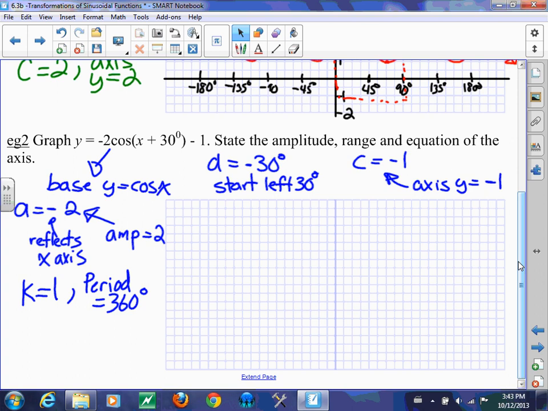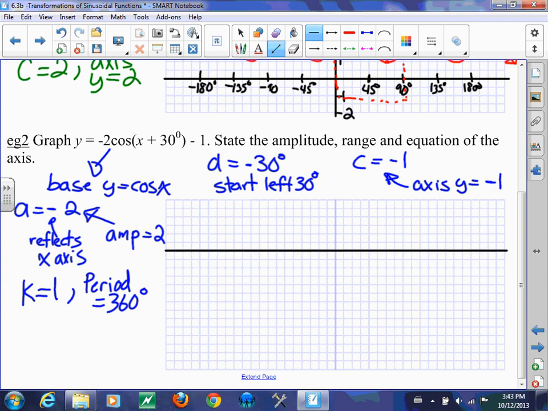We're just going to start by drawing some lines first. Okay? Notice my axis is -1, so when I start by drawing my x and y axis, I'm going to do my axis up there. Setting up my scale.